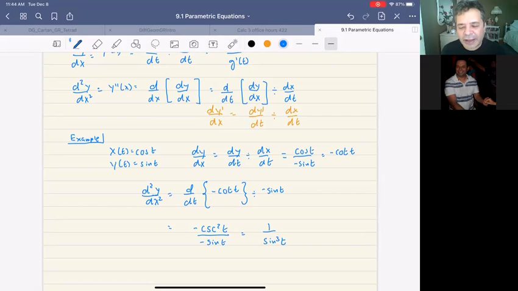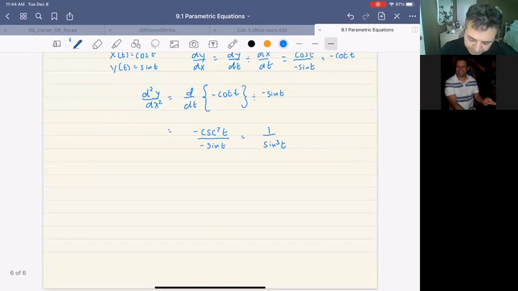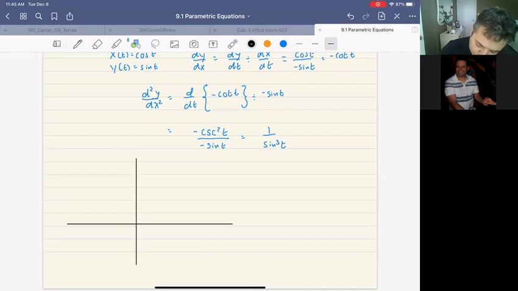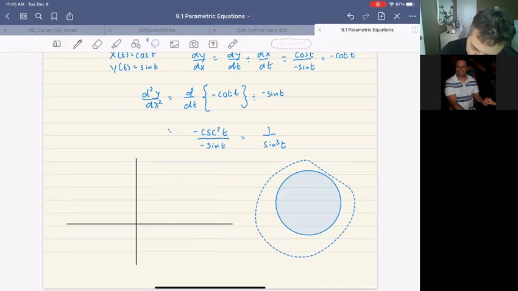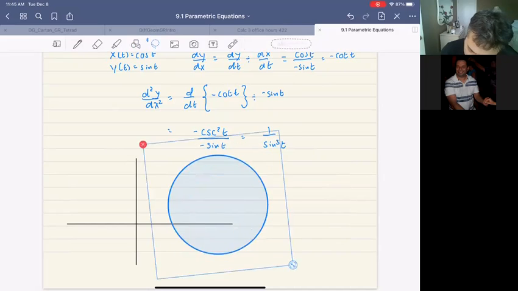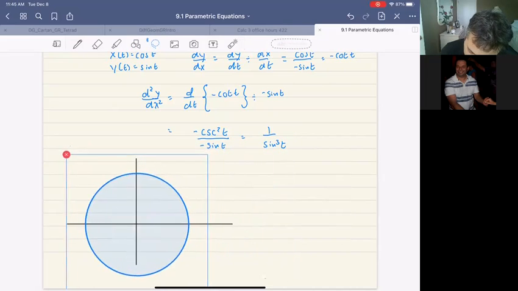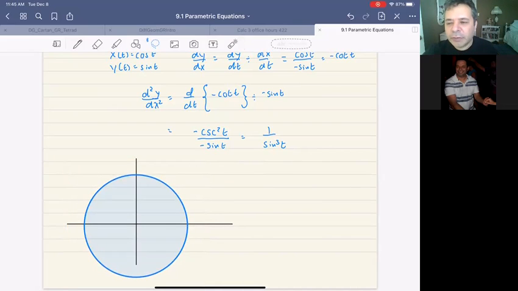It doesn't really tell us too much, but let's take a look at the picture, at the graph. We know our motion around the circle is a circle. It starts here and goes in this direction.